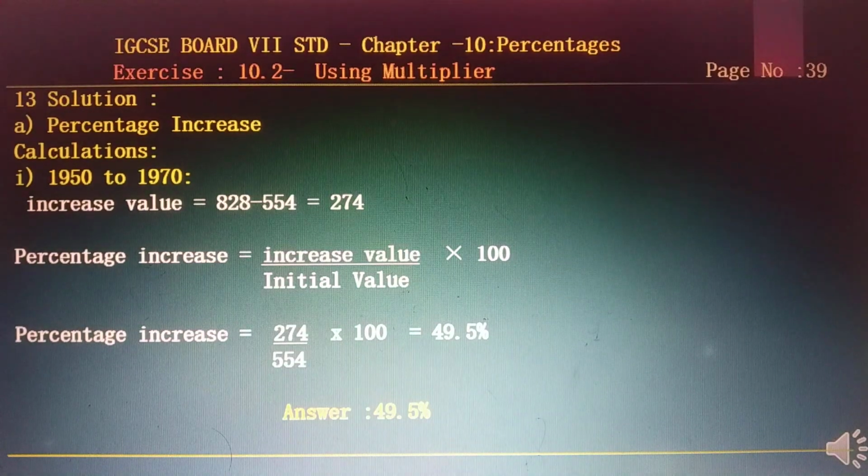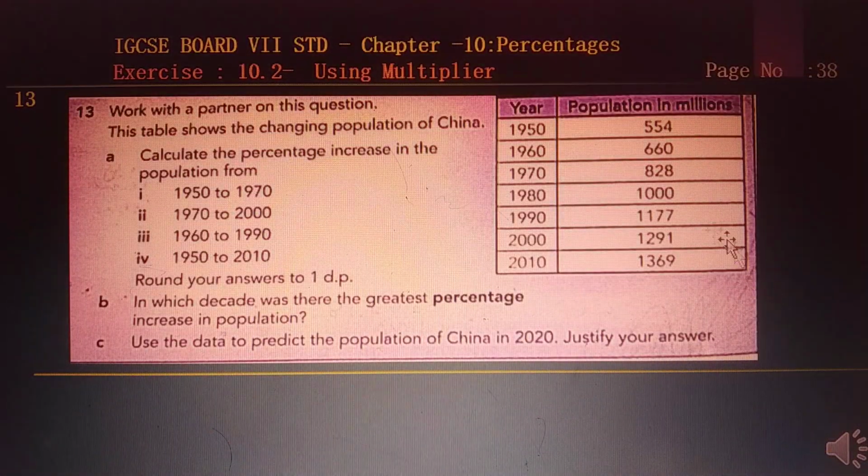The solution of this problem: percentage increase calculation, for 1950 to 1970. The increase value is 828 minus 554.